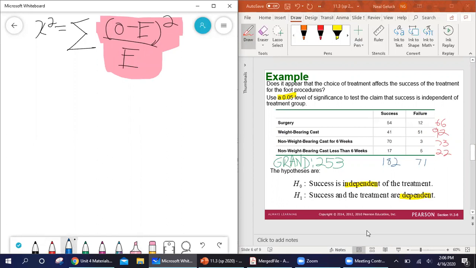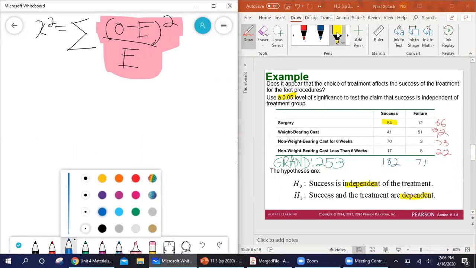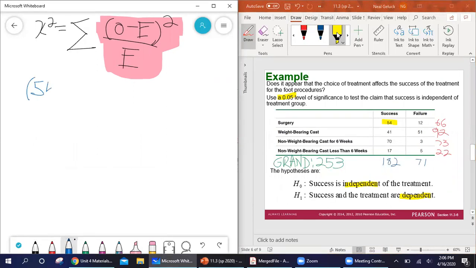So what am I actually saying here? For my first cell, row 1, column 1, 54 is the observed value. So it's 54 minus, here's where it gets funky. The expected, I have to calculate off to the side.